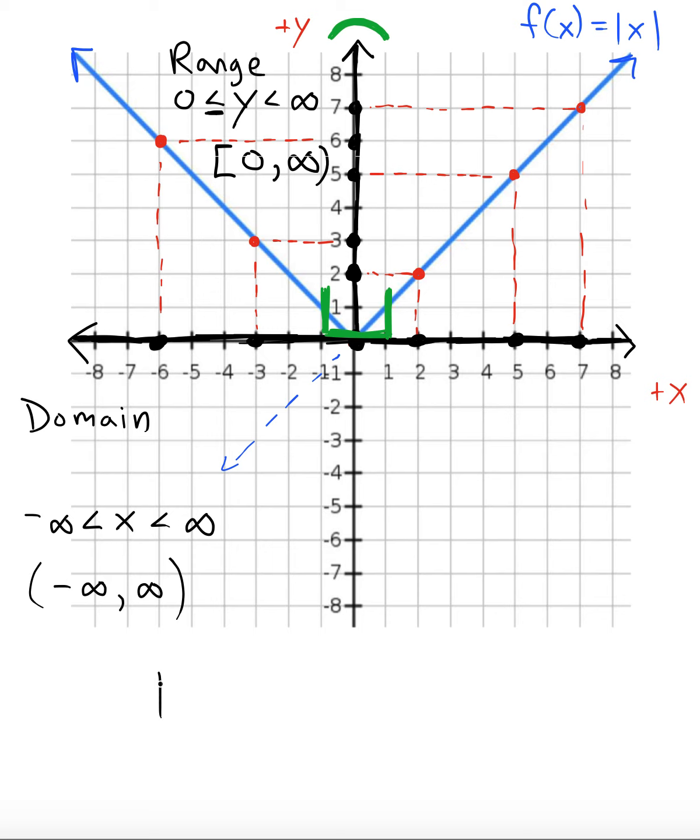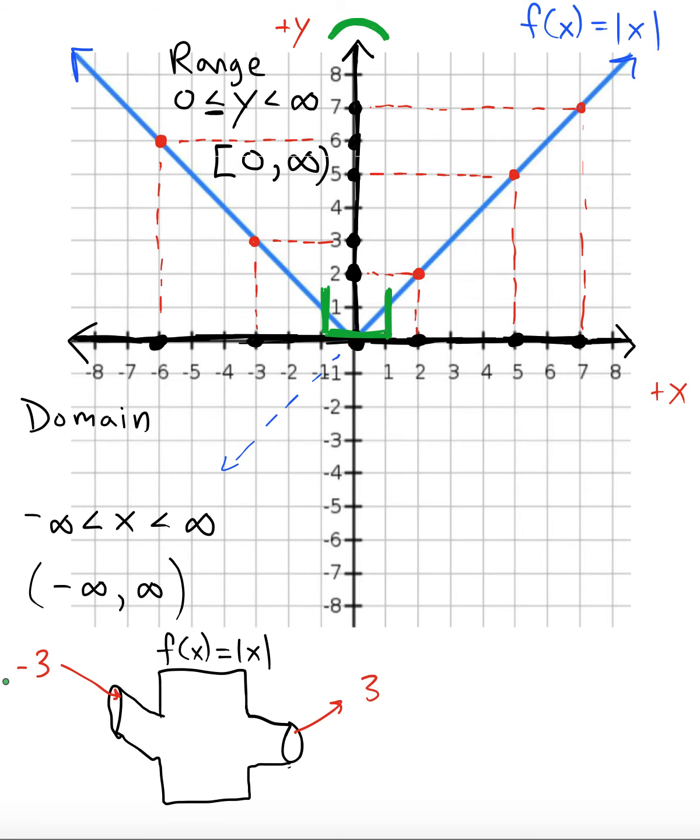If we look back at the machine explanation of the function, we want this to agree with what we found in the picture above. So if our function is f of x equals absolute value of x, and you were to plug in a -3, you get out +3.